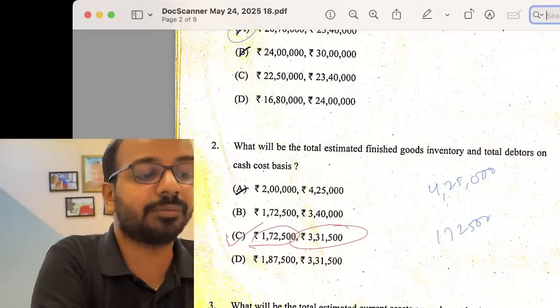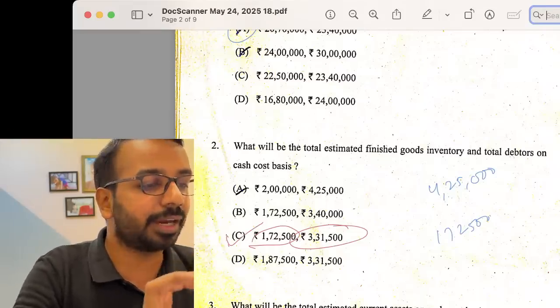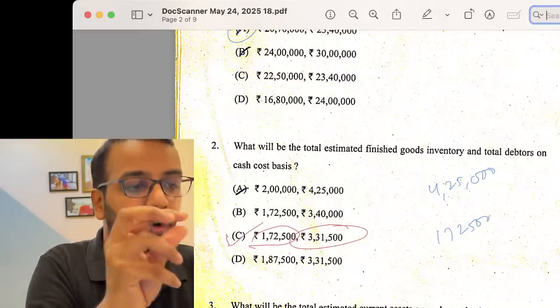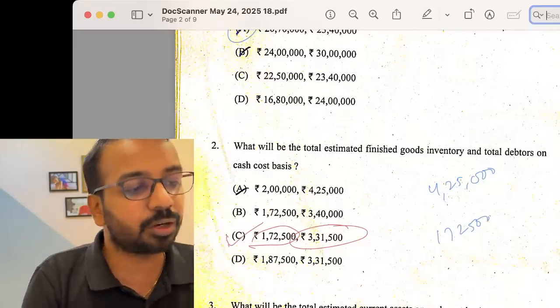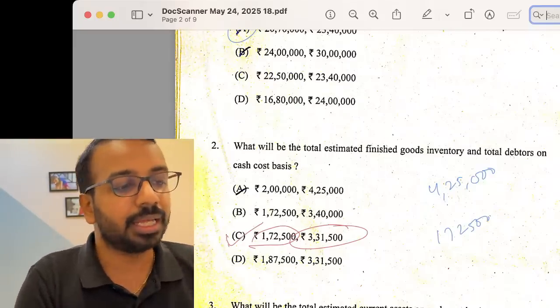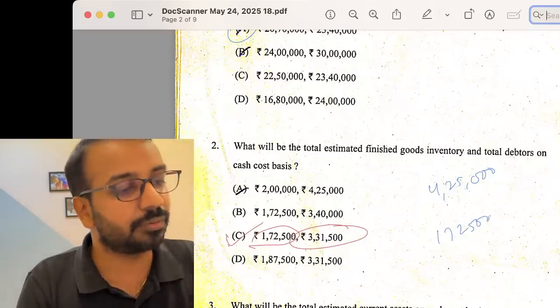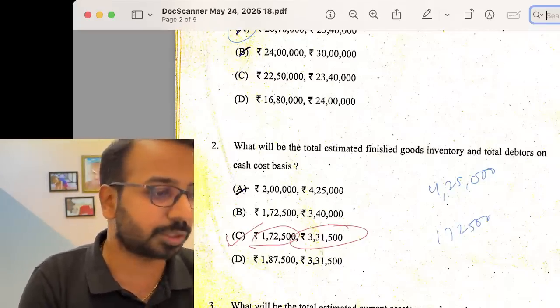Based on that, the valuation comes to 331,500. Other than this, we didn't find a combination which will match both the options. 172,500 we are 100% sure is the correct number. Then if we add the admin cost and the selling cost, we get 331,500. That is the second one.